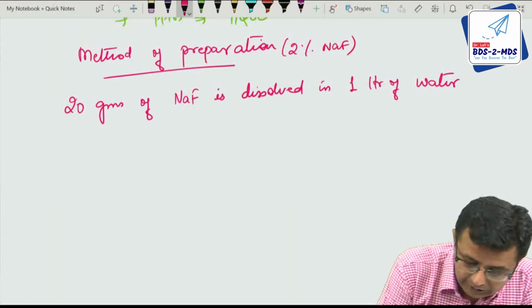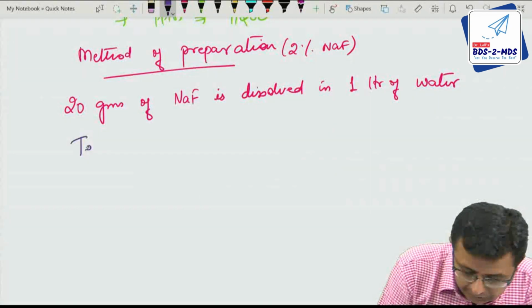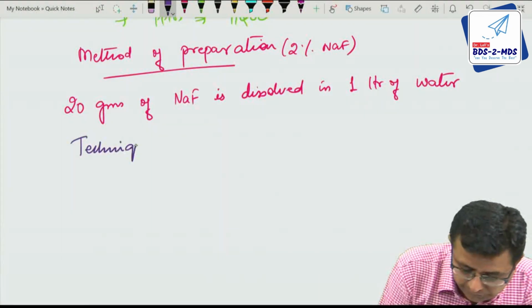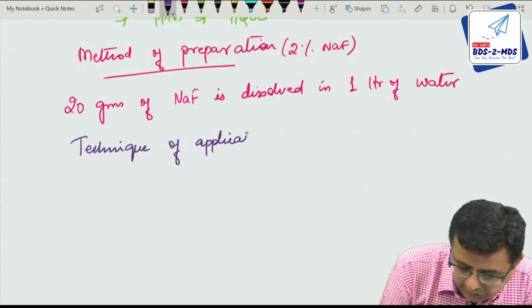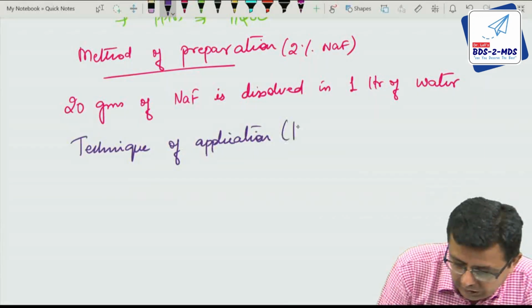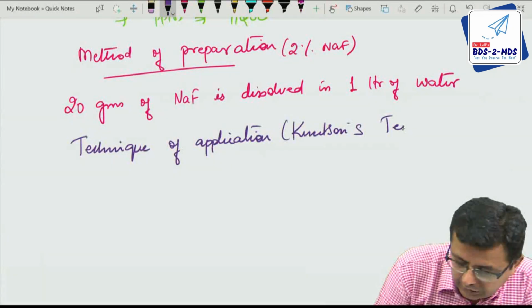Next in sodium fluoride is the technique of application. The technique of application used is called Knudsen's technique.